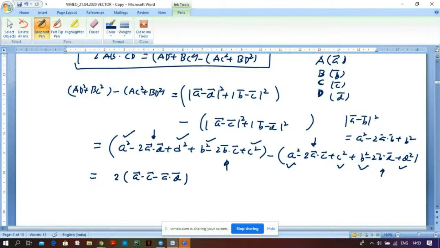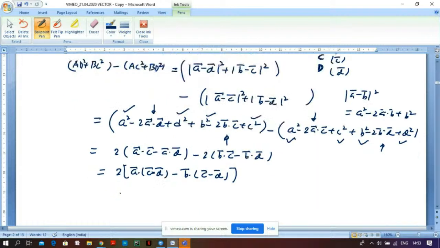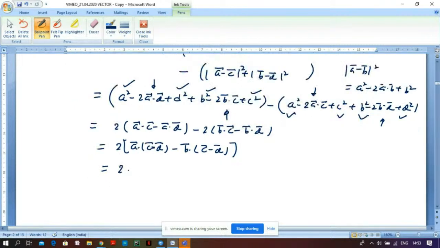I can again combine them, so I can write minus twice, in the same order, B dot C minus B dot D. And so this gives me twice A dot C minus D, minus B dot C minus D, which will reduce to twice A minus B dot C minus D.